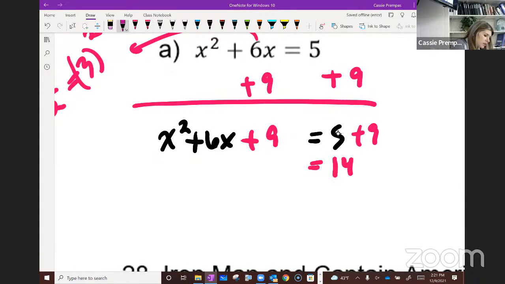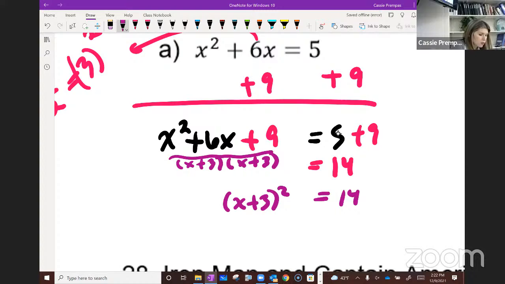Why did we complete the square? What do we do with this now? Factor it. It's x plus 3 times x plus 3. How can I better write that? Good. So we have x plus 3 squared is equal to 14. Then what undoes a square? Square root. What do I need to keep in mind when taking a square root?